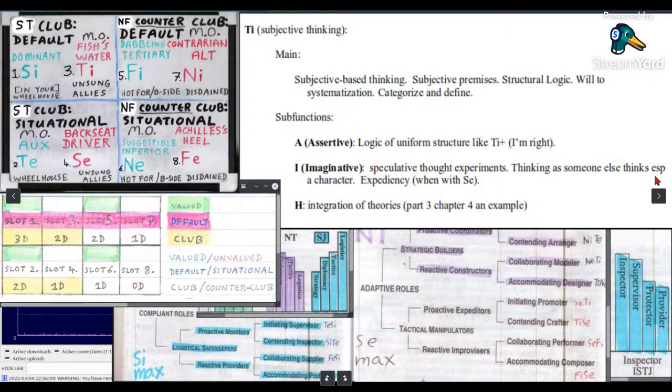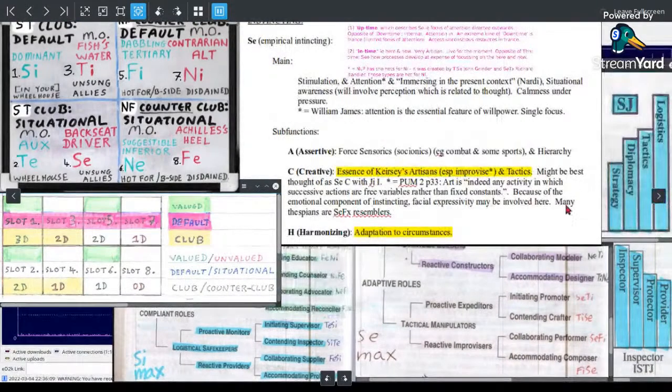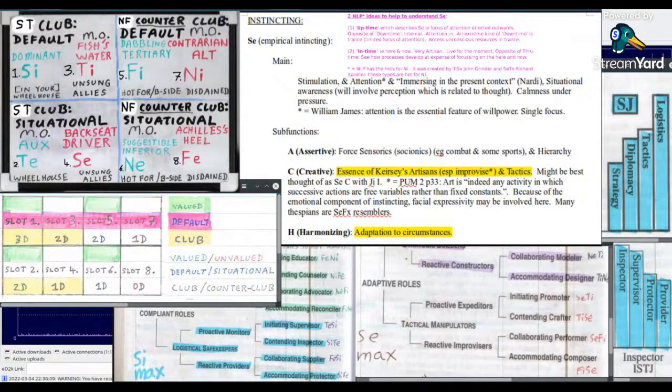Now we're going on to backseat driver. There's going to be a bit of a difference. Usually with me, I put temperament first. So there might be a bigger difference between SI and SE, in terms of backseat driver position, than between, say, TI and TE in INTP.